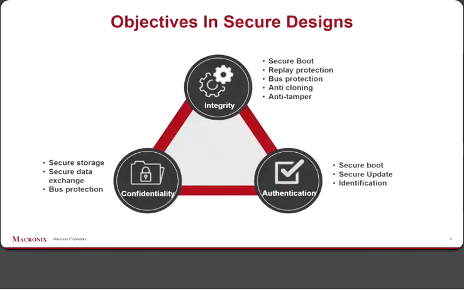So what are the objectives in secure designs? Really, it comes down to integrity and confidentiality and authentication. With integrity, what we're really trying to do is maintain the integrity of stored data or data that's being transferred. And that can be done in a number of different ways that I list here on the right.